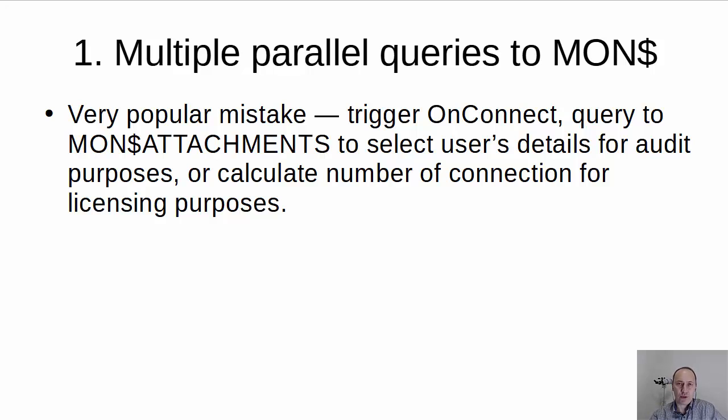So at every connection, when the connection is being established, they want to log into some table data from the mon attachments monitoring table. For this, they extract this data from monitoring tables and write it to some table or to another destination like a log file.